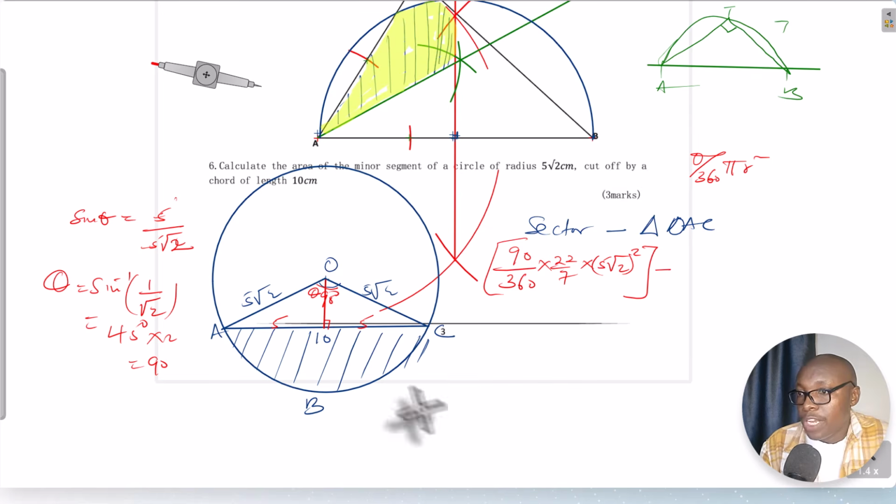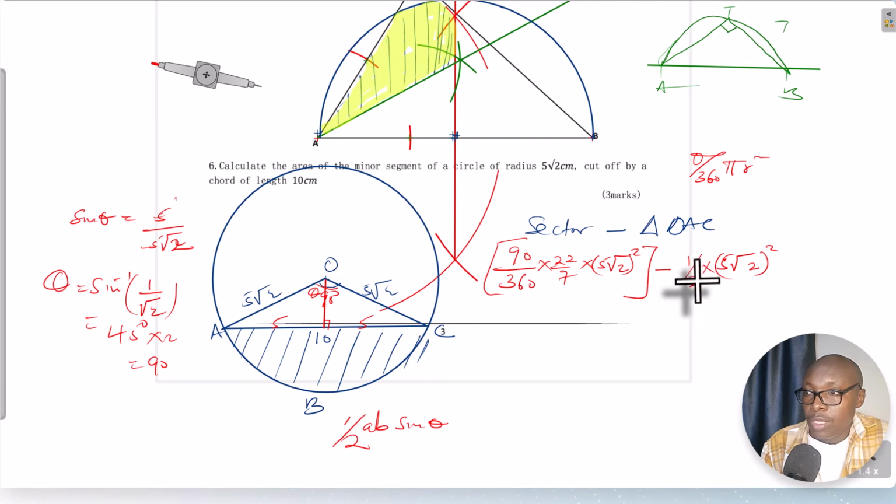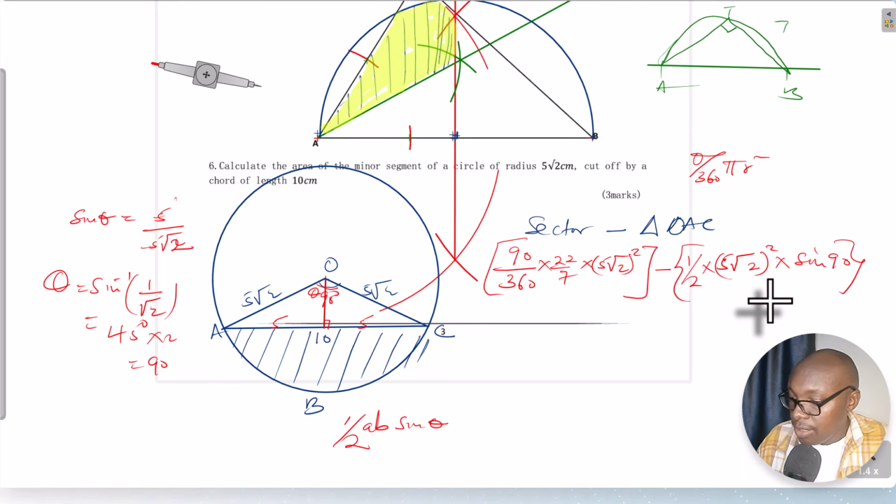The area of the triangle, we get it by the formula 1/2 AB sine theta, where AB is the 2 radii. So 1/2 times 5√2 times 5√2 times the sine of the angle between them, which is sine of 90. And remember, the sine of 90 is 1.